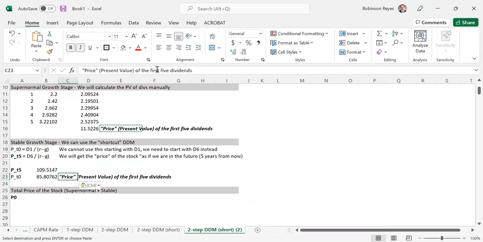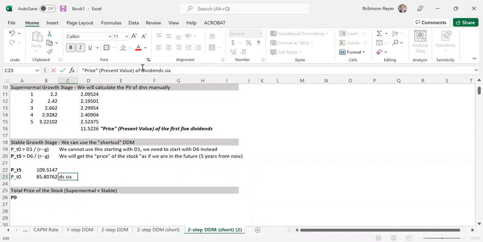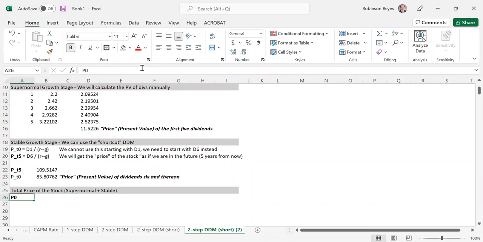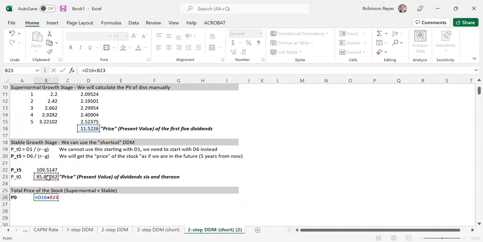This is the present value of dividends 6 and thereon. Then we just add the present value of supernormal dividends plus the present value of stable growth dividends. And there we go. We have our price of a stock, which is different, of course, from the price we had before, because now we have a lengthier supernormal growth stage, and that is reflected in the stock price.